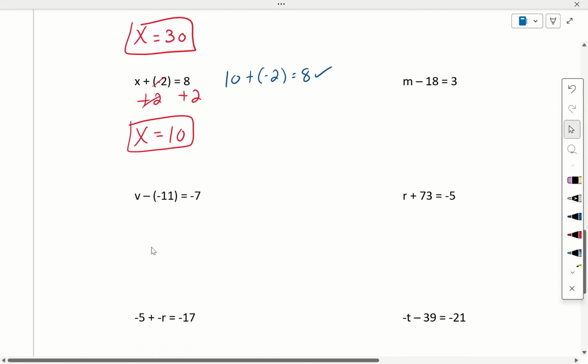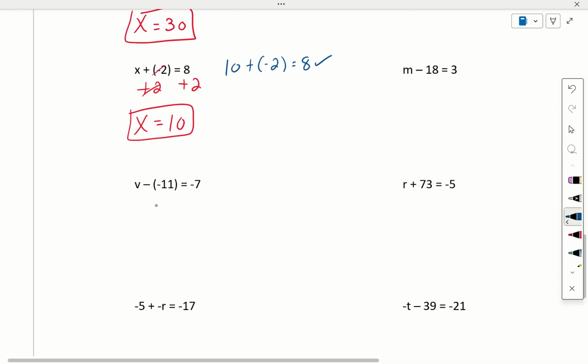Ooh, this one. You see how we're subtracting negative 11? We need to change that to v plus 11 equals negative 7. Remember from the test, when you subtract a negative, it becomes addition. The inverse of adding 11 is subtracting 11. So we subtract 11 from both sides, and we end up with v equals negative 7 minus 11.